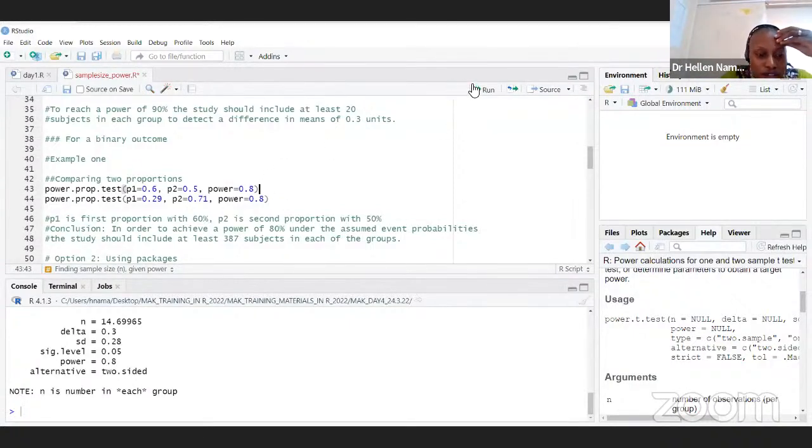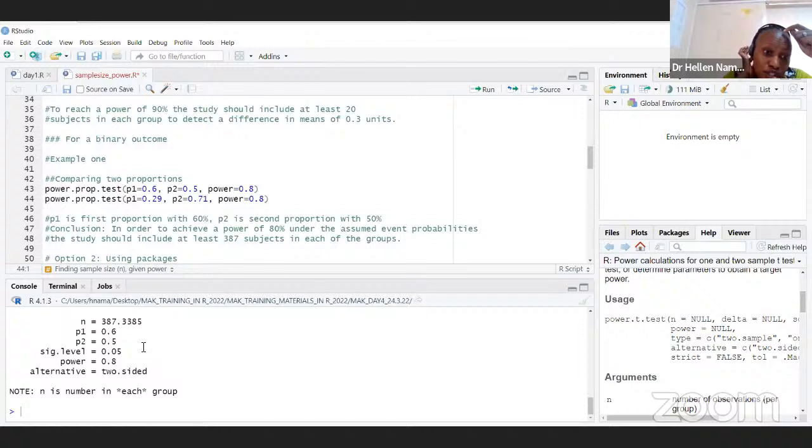So in case I run that, what is going to happen? It's telling me that if P1 is 0.6 and P2 is 0.5, also having an alpha of 0.05, considering your power as 0.8, it implies that you will need 387 respondents in each particular group, both in group 1 and then in group 2.